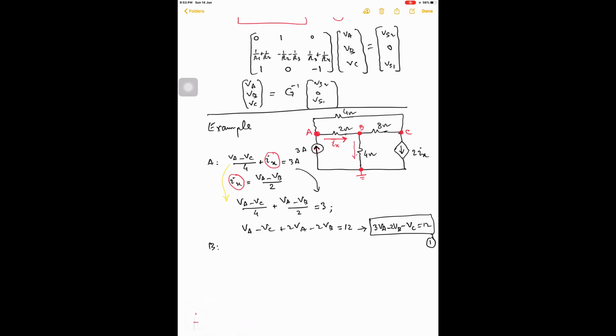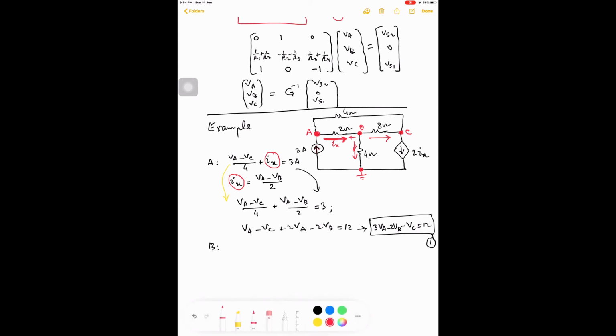So the current leaving over here, node B, flows towards the ground node. The current over here through the 8 ohm resistance flows from node B to node C. And at this stage, you can use the given direction of Ix, or you can assume that current is also leaving through this branch.